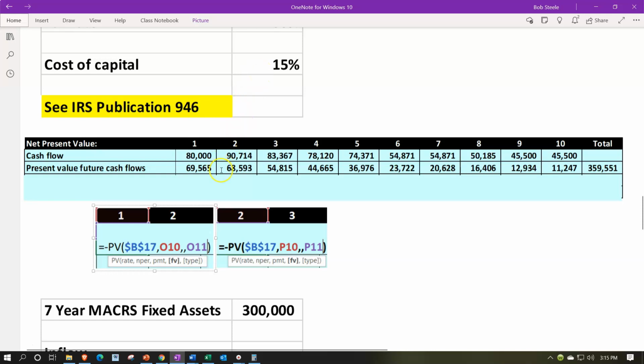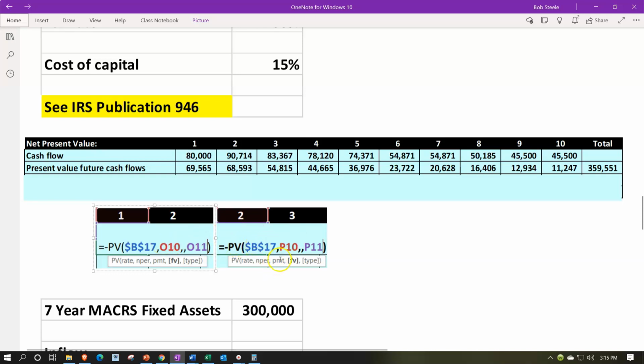The formula, if we simply copied this over, would be present value of the rate, 15%. Note these cells are the same because they are absolute referenced with the $ signs. Comma, number of periods is now 2. Instead of typing or hard coding it in, we have a cell reference which moved from O10 to P10 here.